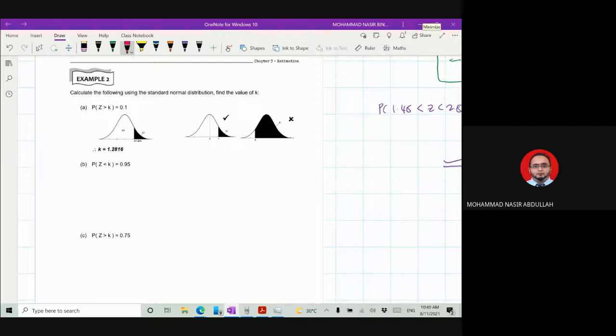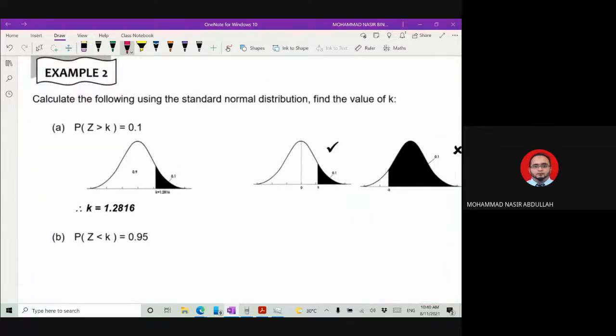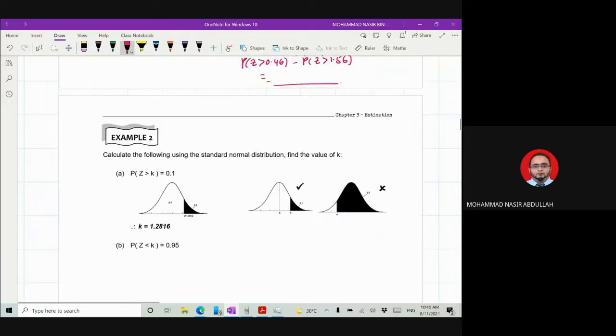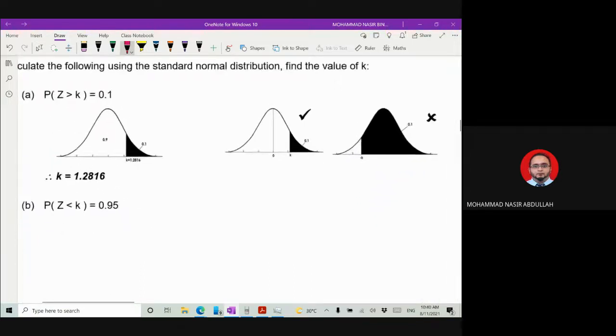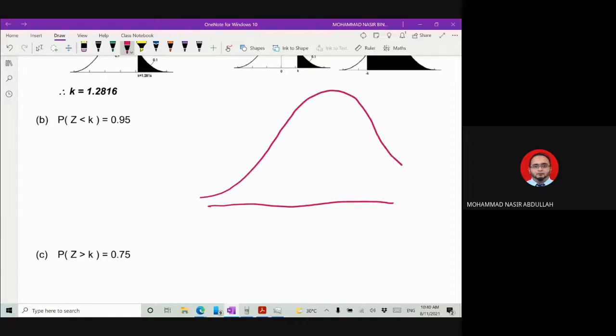Now, let's look at example number 2. Before we go to example number 2, we really need to understand the characteristic of normal distribution. So again, I just draw again. This is a normal distribution. This is the Z distribution.